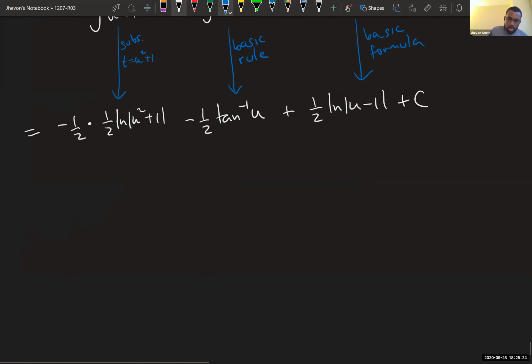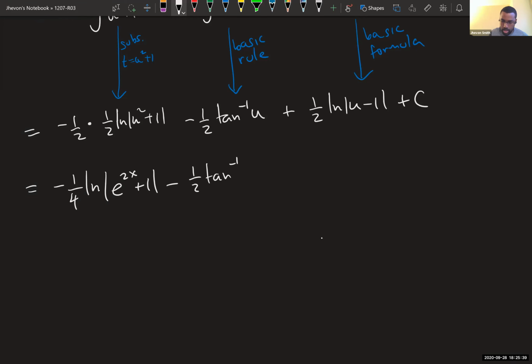And so now we can plug in our u's. Our u was what? e to the x? So this is (1/2) ln of (e to the 2x plus 1) minus (1/2) tan inverse of e to the x plus (1/2) ln of (e to the x minus 1) plus c.